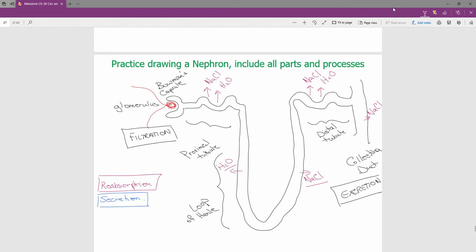The other thing that gets absorbed, if we take a look at both the proximal and the distal tubule, is that we are reclaiming HCO3 minus. Now, maybe you're a chemistry person or maybe you're not. That was the bicarbonate ion.